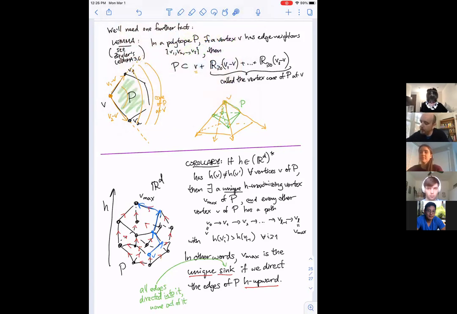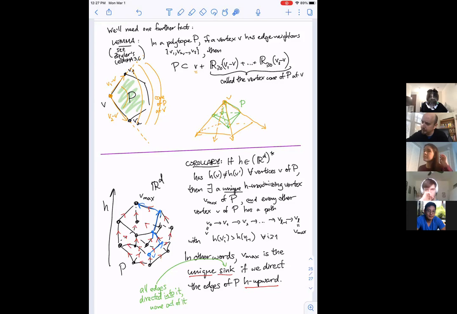Then when you're at any other vertex, oh, there's another one I forgot to direct. You will find at least one edge coming out of it, and you just follow that edge. Now you're at another vertex, maybe that's Vmax and you're done. Otherwise, you'll find another edge coming out of it. Oops, let's try that one. And you proceed along that to a new vertex.